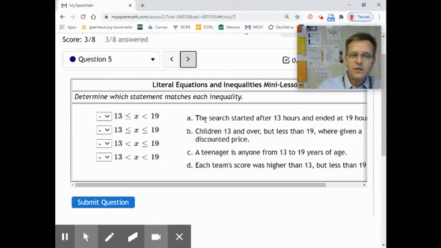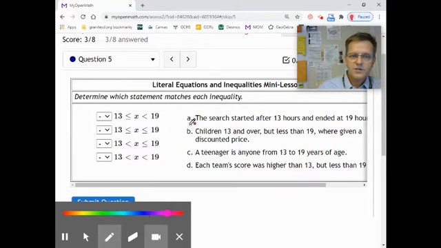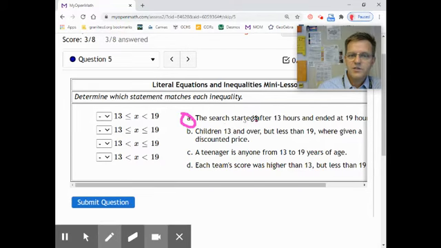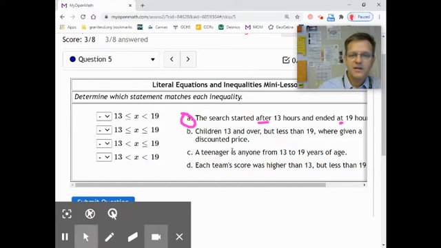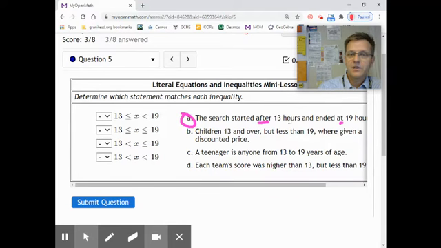So you're going to match these up. Let's take the first one. This is A: the search started after 13 hours and ended at 19 hours. Let's think about that. After 13 hours means 13 hours is not included. So which one of these is after 13? So here 13 is included.